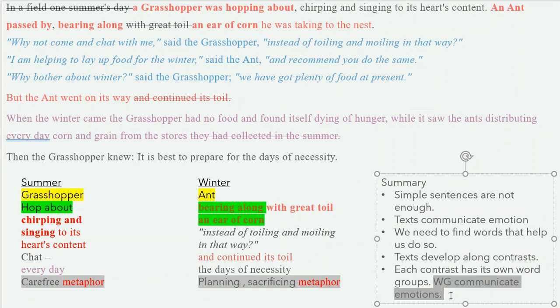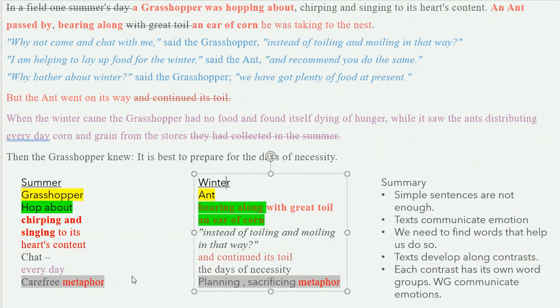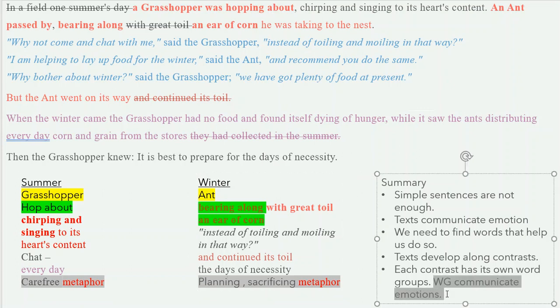So these word groups belong to these two contrasts: good, bad, summer, winter, carefree, sacrificing, right? So we have a contrast: summer, winter, carefree, planning, and now we have word groups that communicate these emotions.